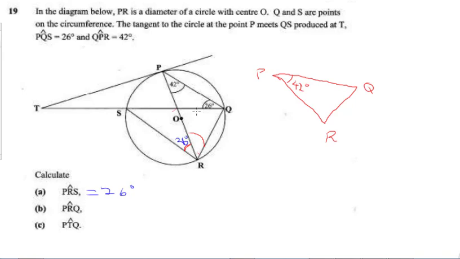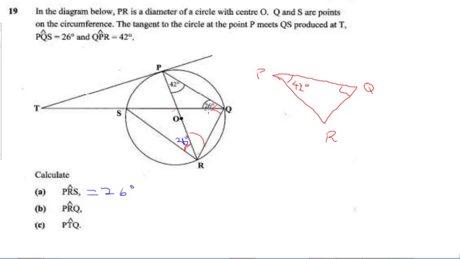And since this line is a diameter, we said a triangle formed at the circumference with one part of it being a diameter of a circle, this angle at the circumference is always 90 degrees. So this angle here is 90 degrees.